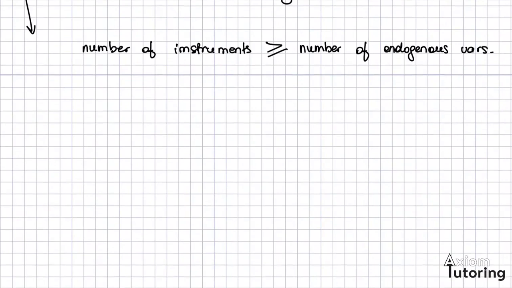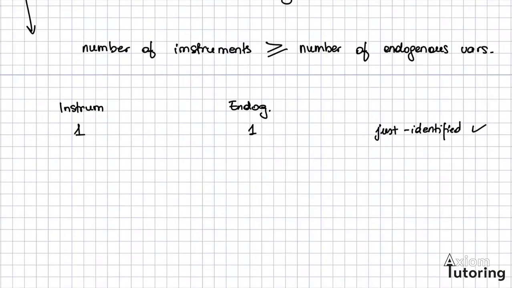Let's say that we have here the number of instruments, and we've got here the number of endogenous variables. If we have one instrument and one endogenous variable, we have what we call a just identified model, and it's fine to go ahead and work with this model.